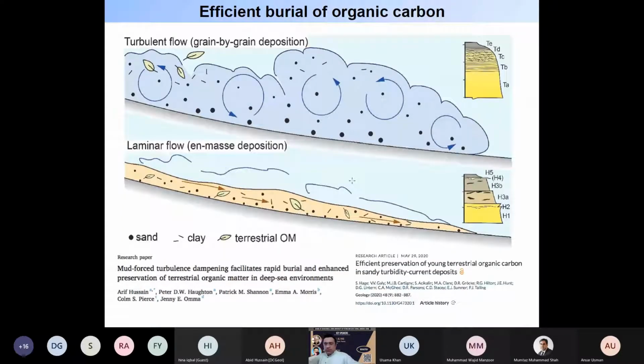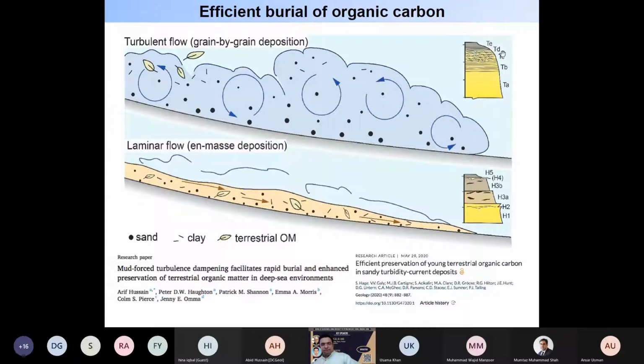On the basis of all those observations, we came up with our model. This is a simple cartoon that shows that from turbidity currents, mud and organic carbon are segregated towards the top or rear regions of the flow, and accumulate in these top fine-grained lithologies, which are prone to erosion or resuspension, and that's why they can be reoxidized.